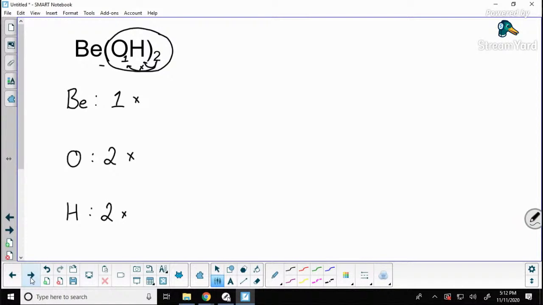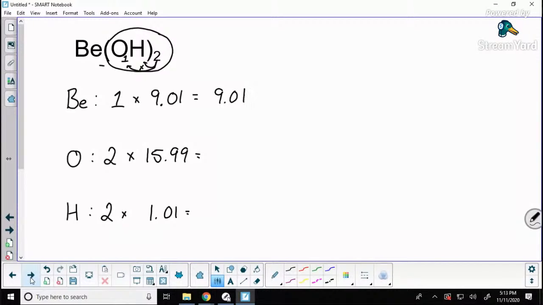So if you go to the periodic table, you might recall we've looked at beryllium previously. It has a mass of 9.0122. And in most molar masses, we're just going to go to the hundredths place. So in other words, 2 decimal places. Oxygen, we looked at previously, is 15.99, and hydrogen, 1.01. We now multiply these together.